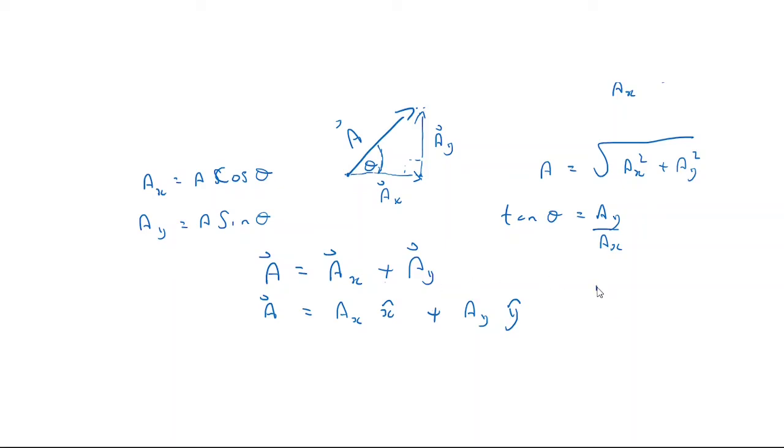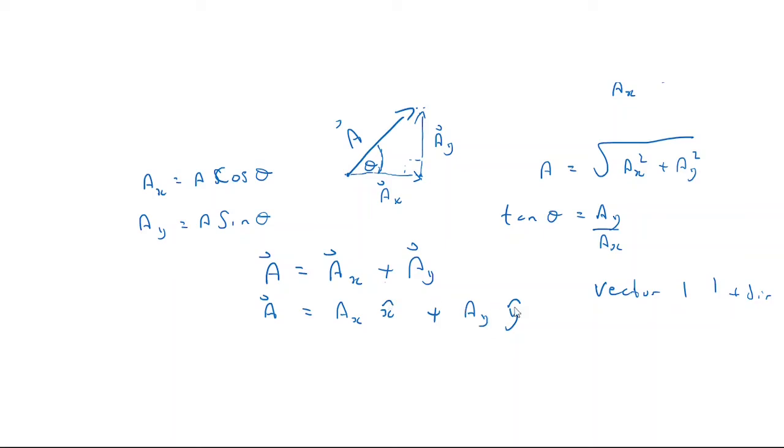Remember, a vector is always something with magnitude and then direction. So when you write it, there must be a magnitude, which is this part, and the direction, which is this part.